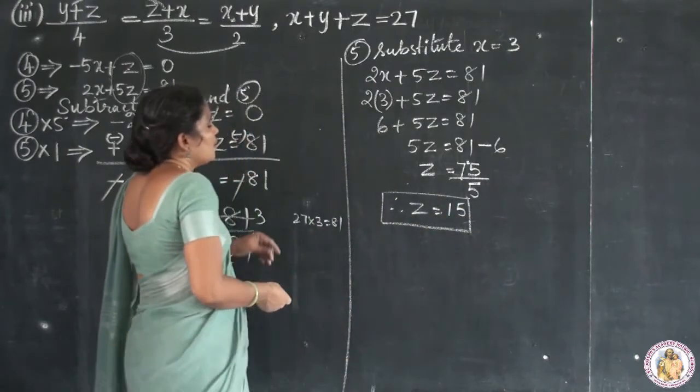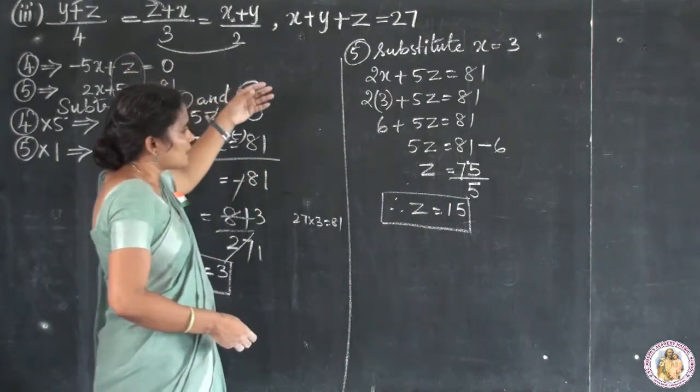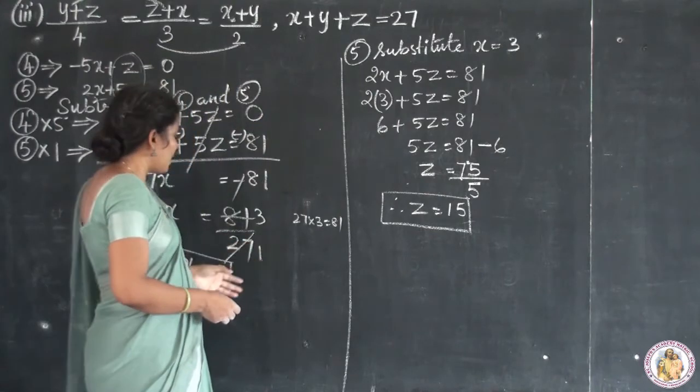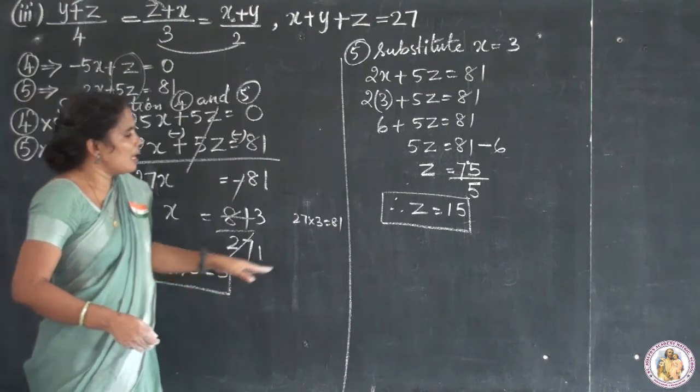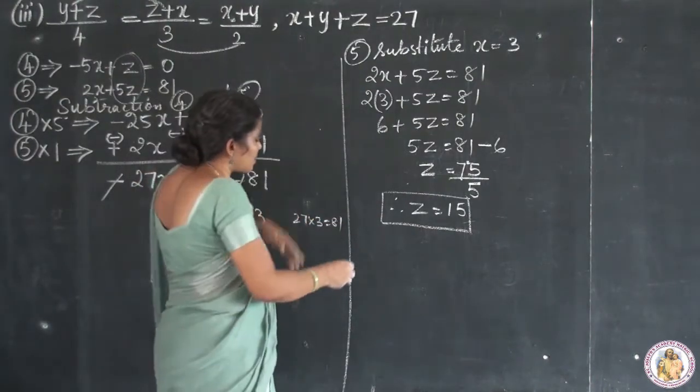Now we shall go with any one of the equation, either first, second or third equation to find out the value of y. As we already find the value of x and z, we can go with third equation.